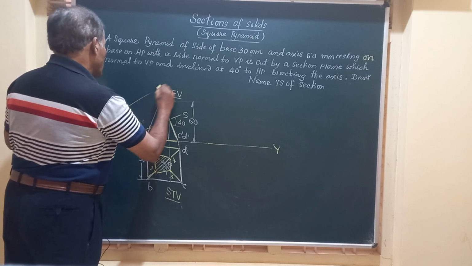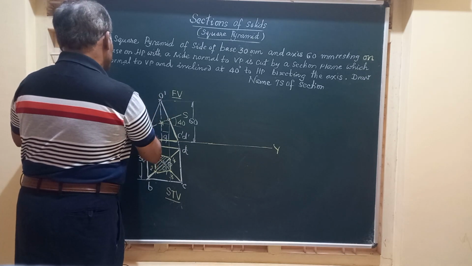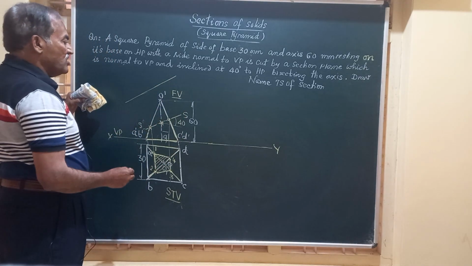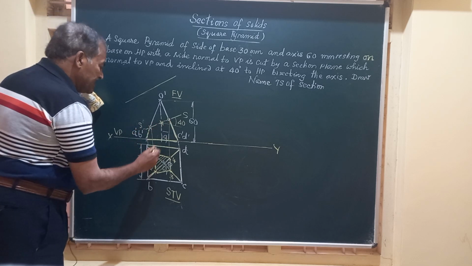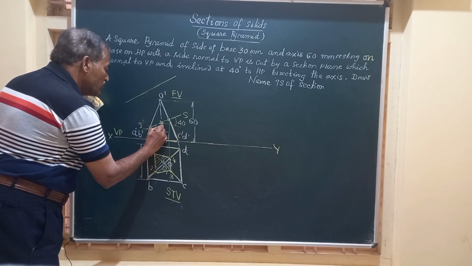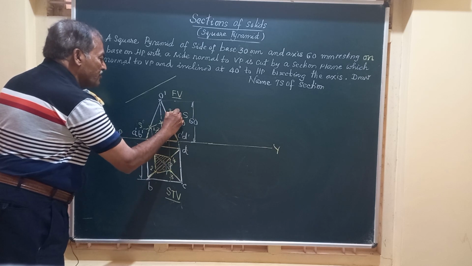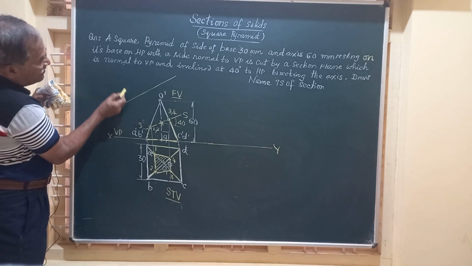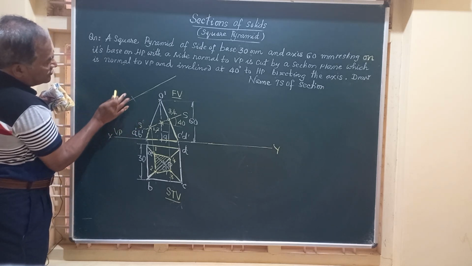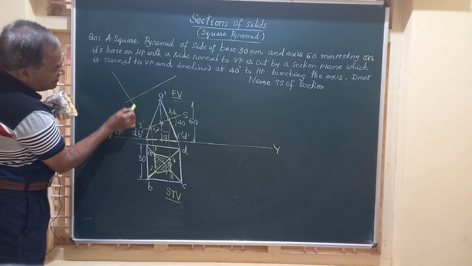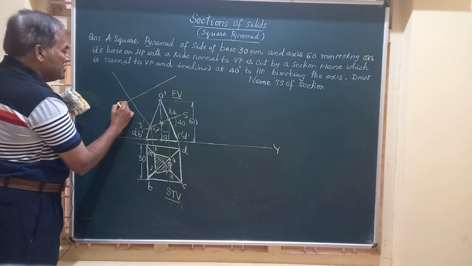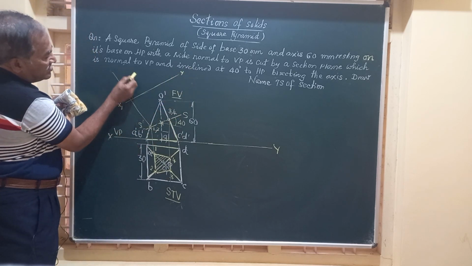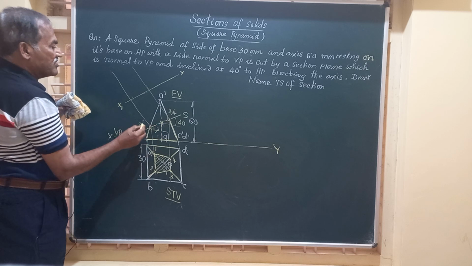So I am going to draw a line here parallel to the section plane at any convenient distance, and from these points, that is 1, 2, 3, 4, the points where the section plane is cutting, I am going to draw perpendicular lines to this line, say x1 y1, or whatever you call it.